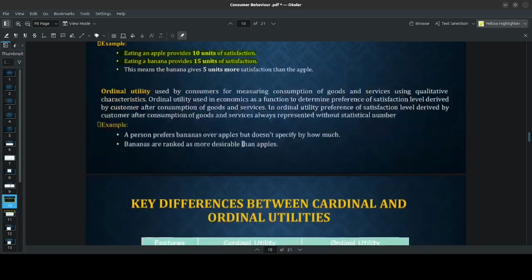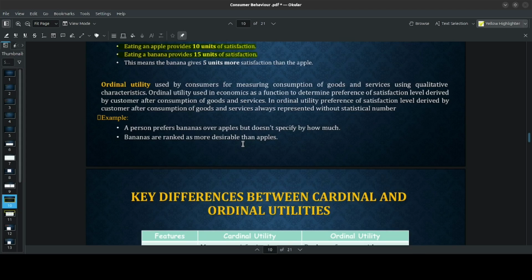On the other hand, ordinal utility is about ranking preference without using numbers. For example, a person prefers bananas over apples but doesn't specify by how much.